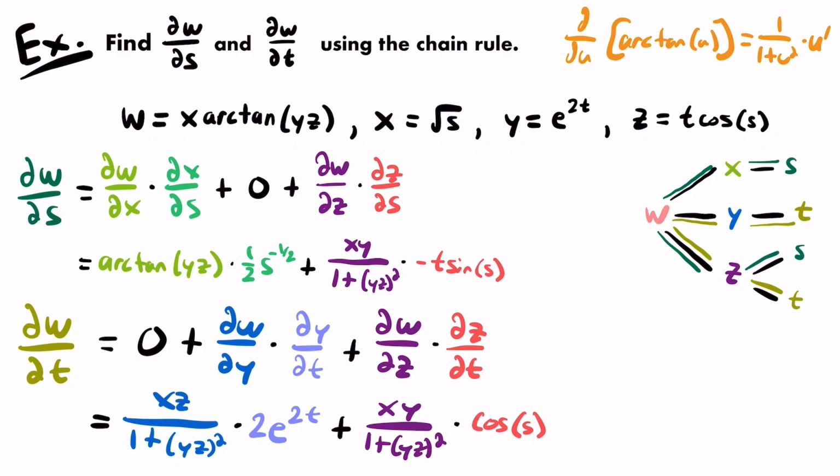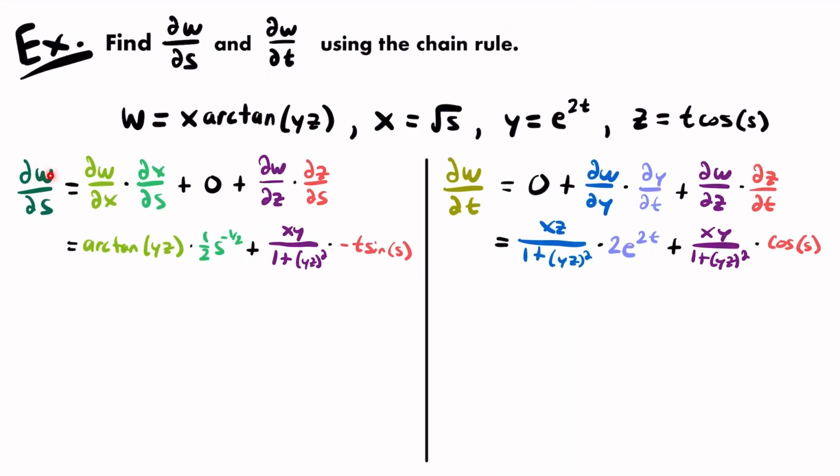Now let's simplify them. Starting with the partial of w with respect to s, this s to the negative 1/2 power could be moved to the denominator of this term, and then you can change it to be the square root of s. So this would be equal to arctangent of yz divided by 2 times the square root of s plus, or really it would be minus, if you multiply this into the numerator, that negative will come out front.